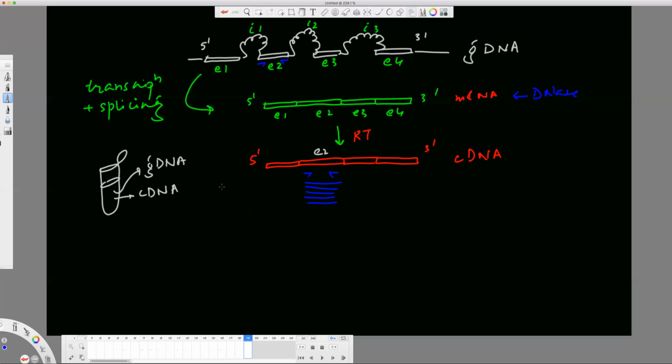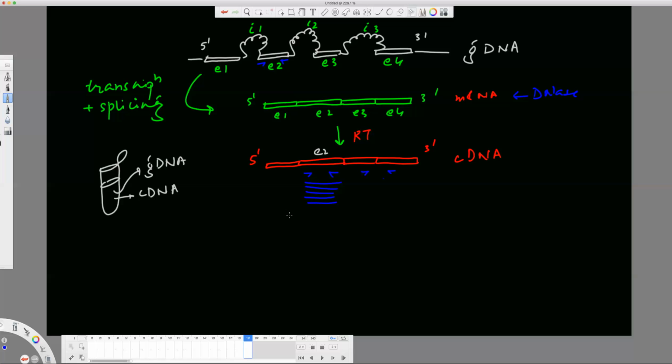One of the ways people do this is to design primers known as intron spanning, which means that instead of amplifying within an exon, I choose primers that span one intron, or one exon-exon junction. Let's say I chose one primer from here and another primer from here.